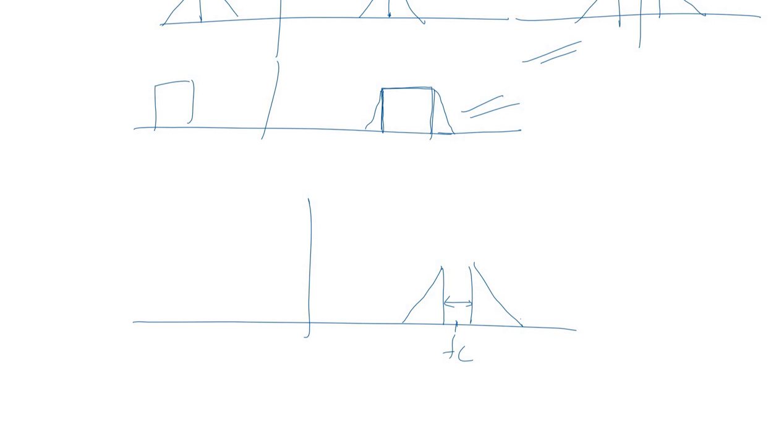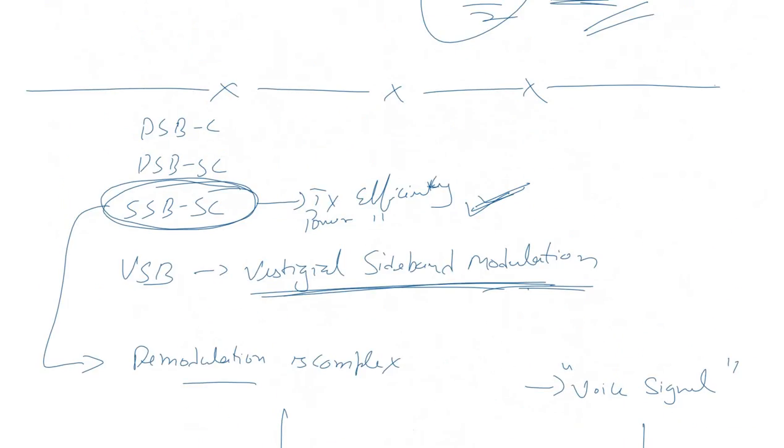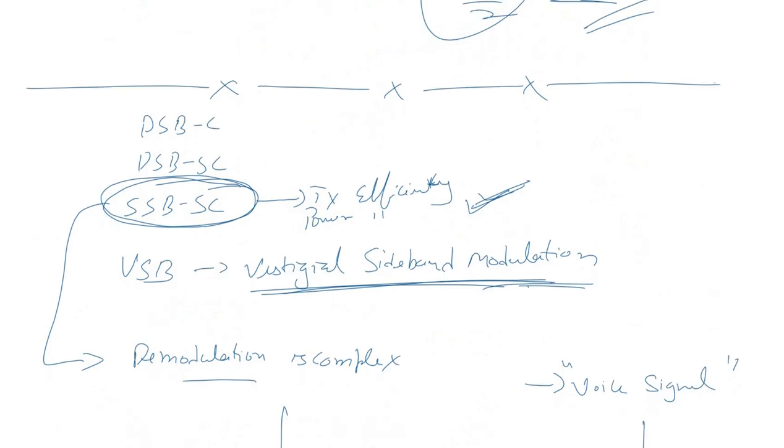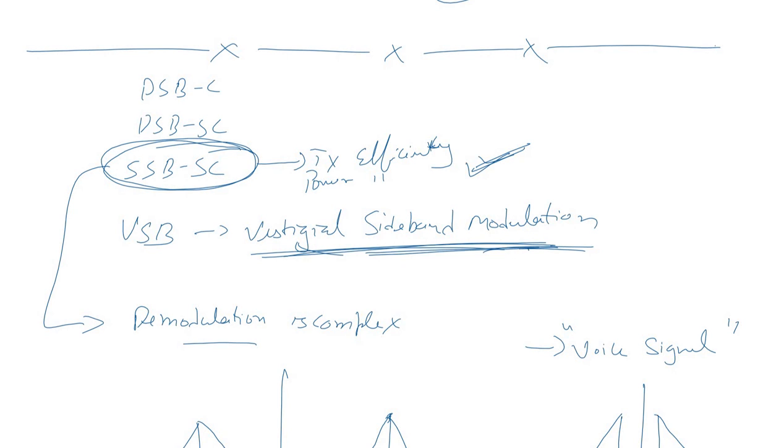Hence, it is really easy to distinguish and separate out the two sidebands using the filtering process, even the practical filtering process. It is really convenient to filter out this kind of signal. Hence, this SSB-SC type of signal is preferred only for voice type signals.